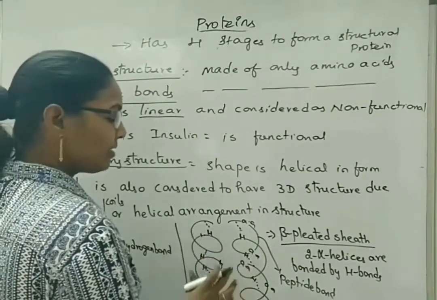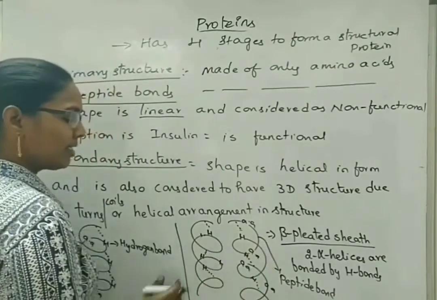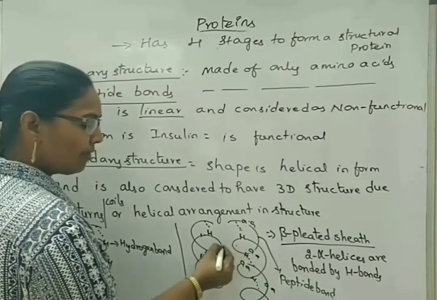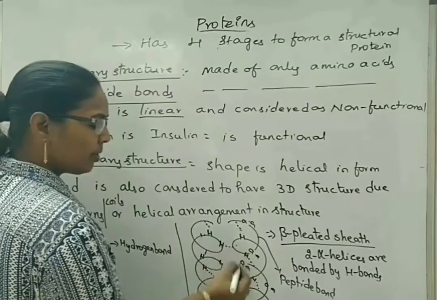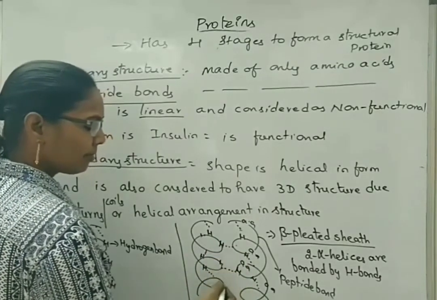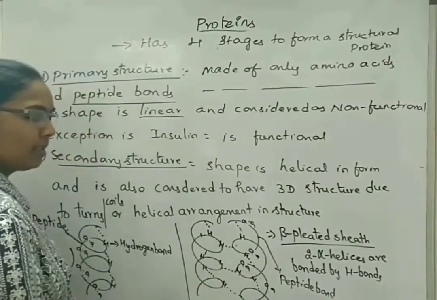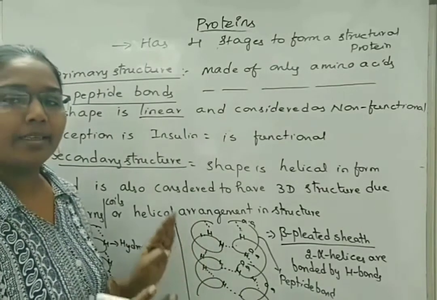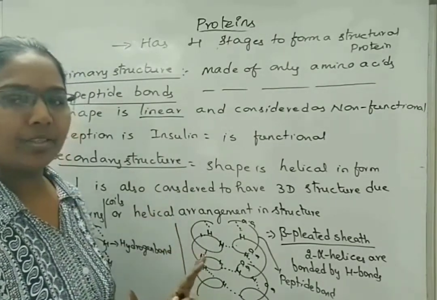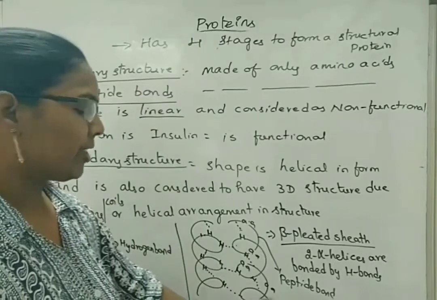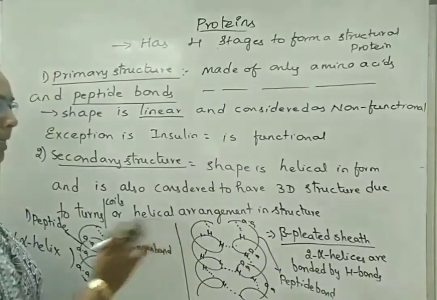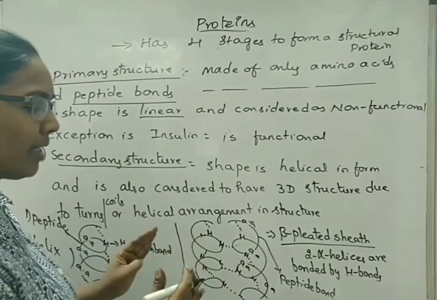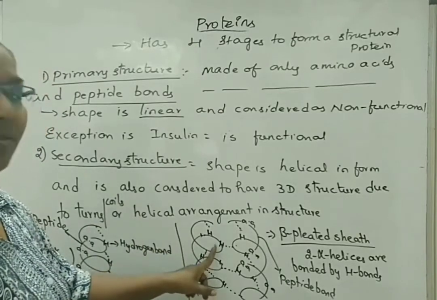But to have a stable structure like the beta-pleated sheet, between two alpha helices there are also hydrogen bonds, like this. So the structure is maintained very stably. There are no deviations in the structure of the beta-pleated sheet when two alpha helices are fitted together with the help of hydrogen bonds.